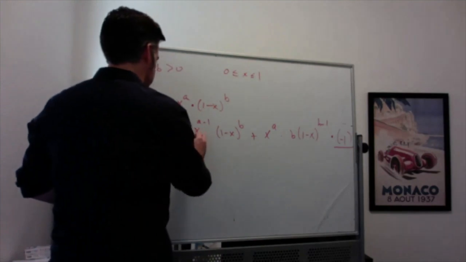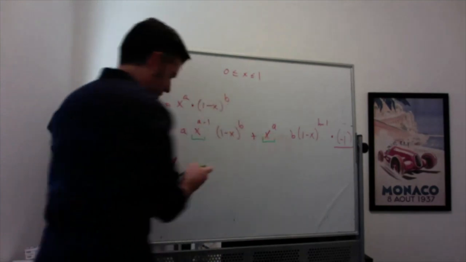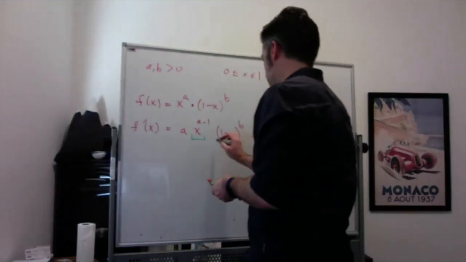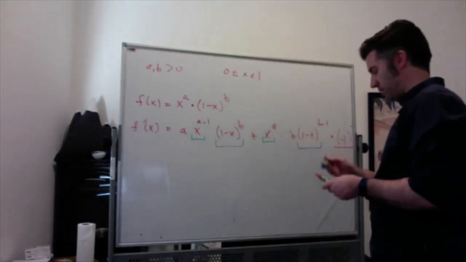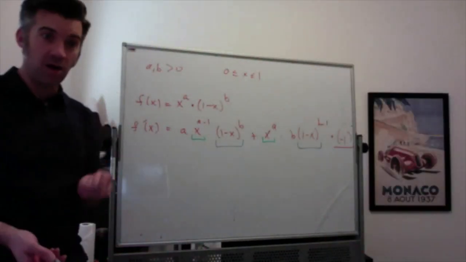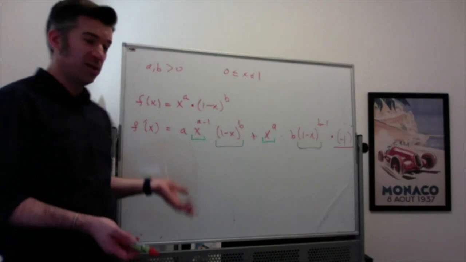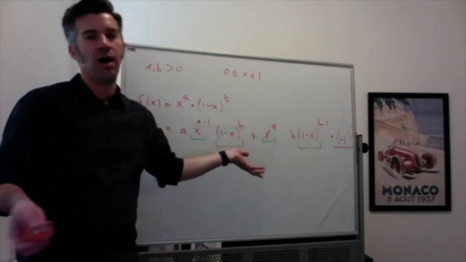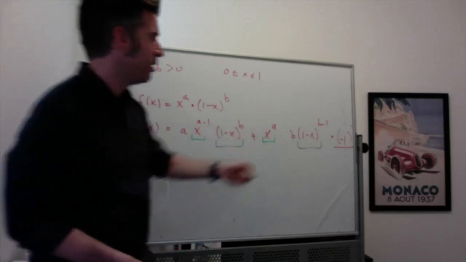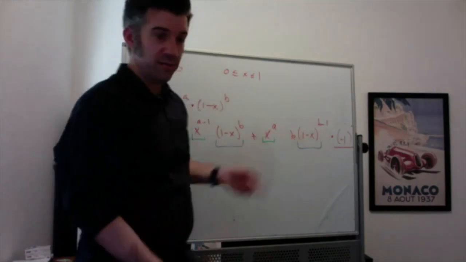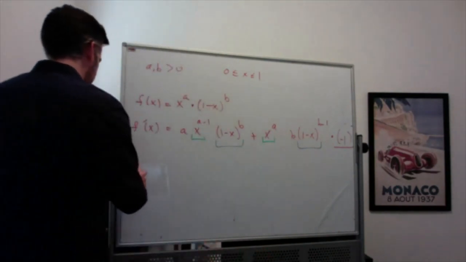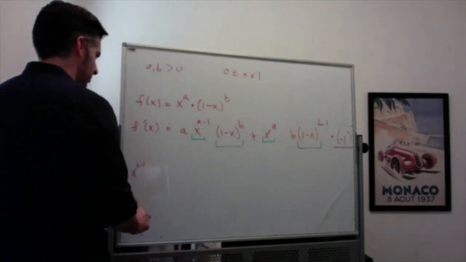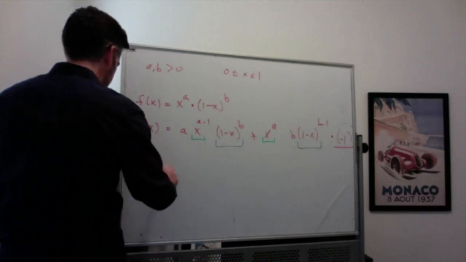I see an x to a power and an x to a power, and a 1 minus x to a power and a 1 minus x to a power. Whenever you're factoring, you can always factor out the smaller power. Which one is smaller, a minus 1 or a? Obviously a minus 1. Similarly, b minus 1 is smaller than b. So I'm going to factor out x to the a minus 1 and 1 minus x to the b minus 1.